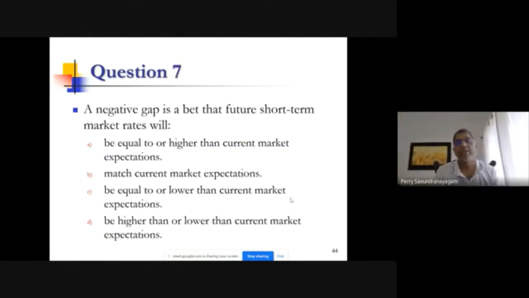Okay. A negative gap is a bet that future short-term market rates will be equal to or higher than current market expectations, match current market expectations, be equal to or lower than current market expectations, be higher than or lower than current market expectations.